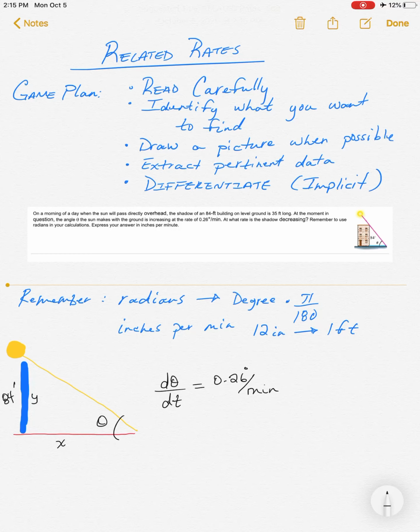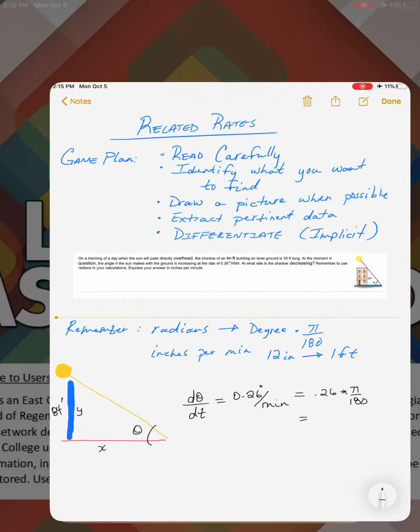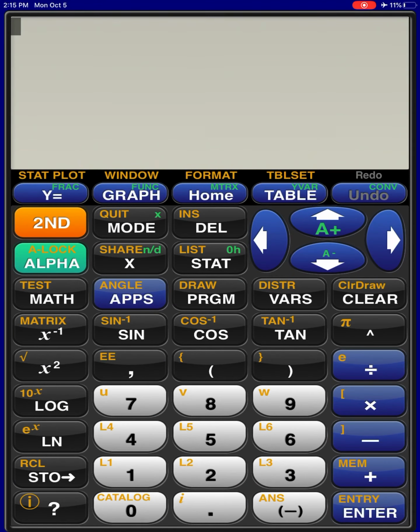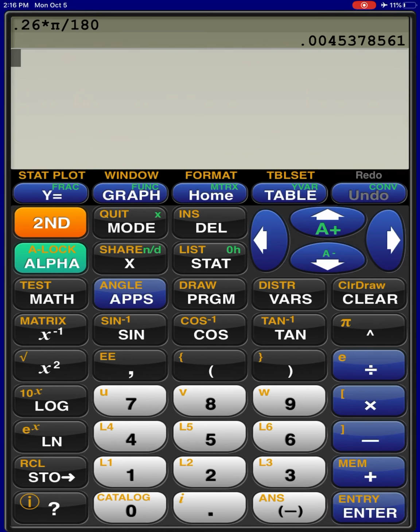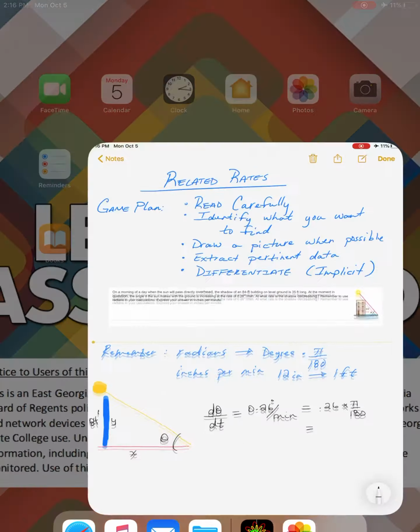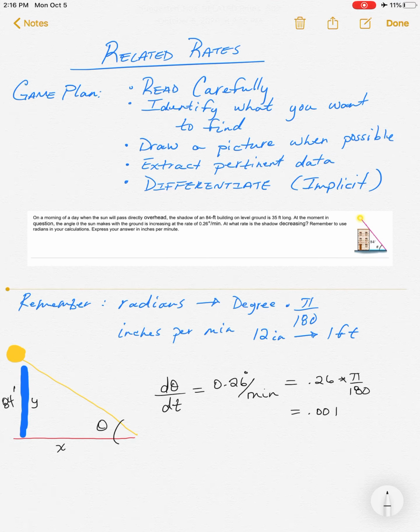So we need to convert that degrees to radians. Let's take that 0.26 times pi over 180, and let's run that through the calculator right quick. 0.26 times pi divided by 180 gives 0.00454 radians per minute.